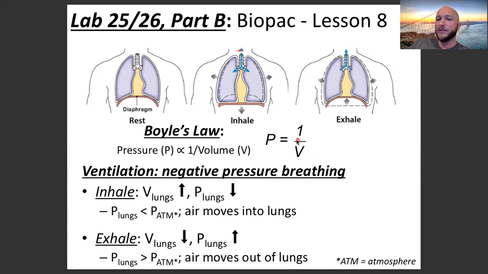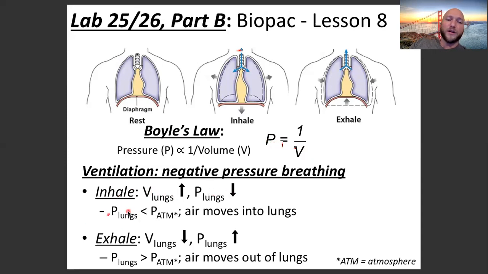And by changing the volume of our lungs, we change the pressure in our lungs. If we want air to move into our lungs, we lower the pressure by increasing the volume. If we want air to flow out of our lungs, we increase the pressure by decreasing the volume. They're inversely proportional. When we inhale, we increase lung volume, which decreases lung pressure.